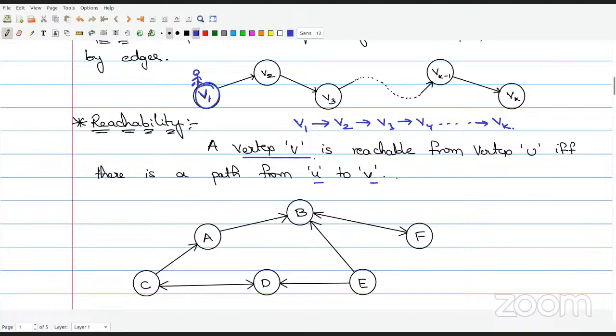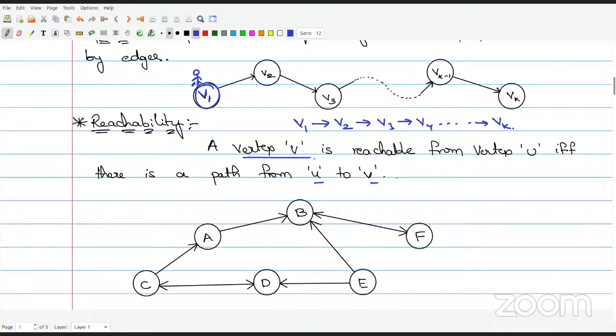If there is a path, then you can reach, and reachability exists between U and V. Reachability refers to finding a path to reach from one vertex to another.